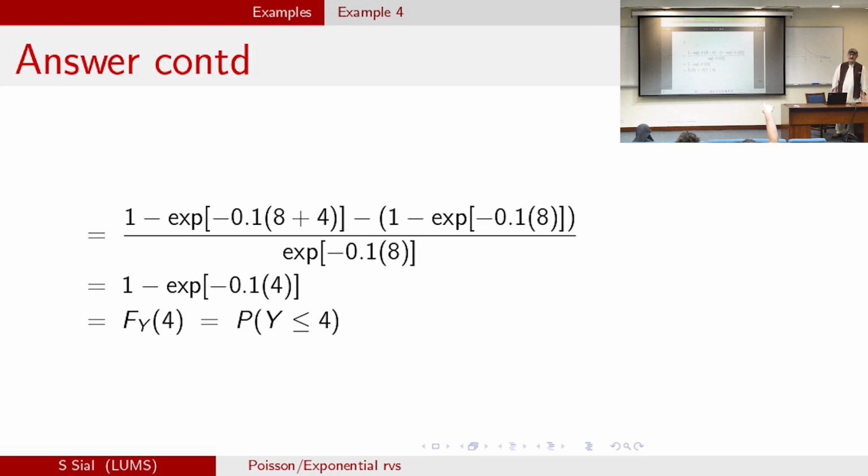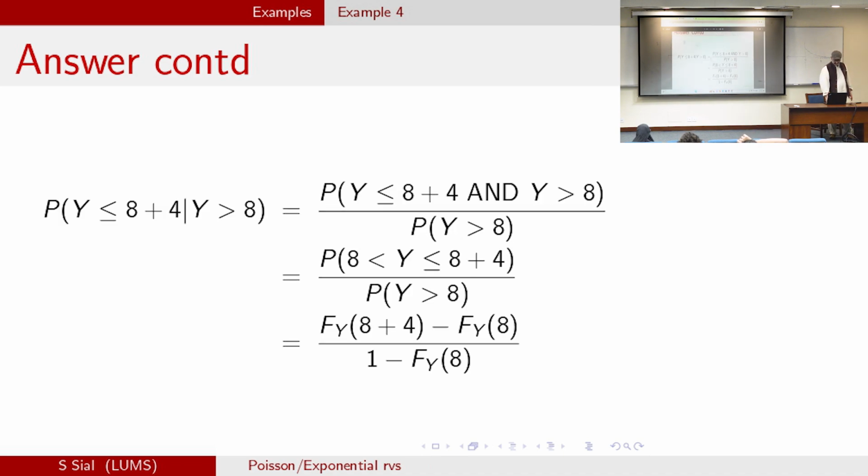Yes? Yeah. What's that symbol on the left? P of y less than or equal to 8 plus 4, and then there's a symbol. What does that mean? The probability that you have to wait. Okay, so we started our clock and counted that we had waited 8 minutes.